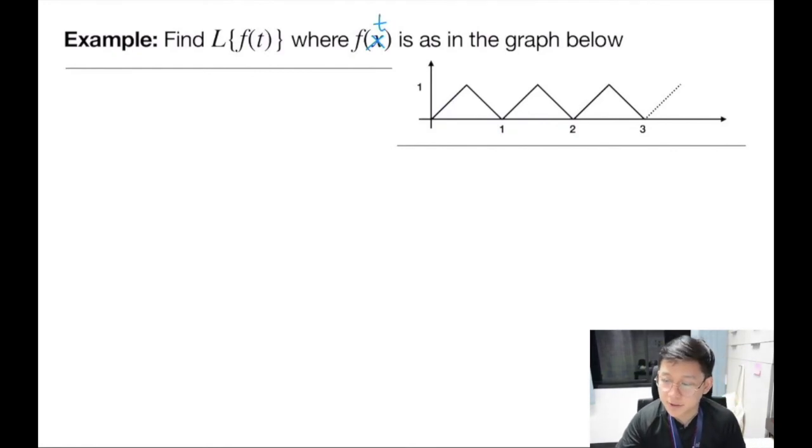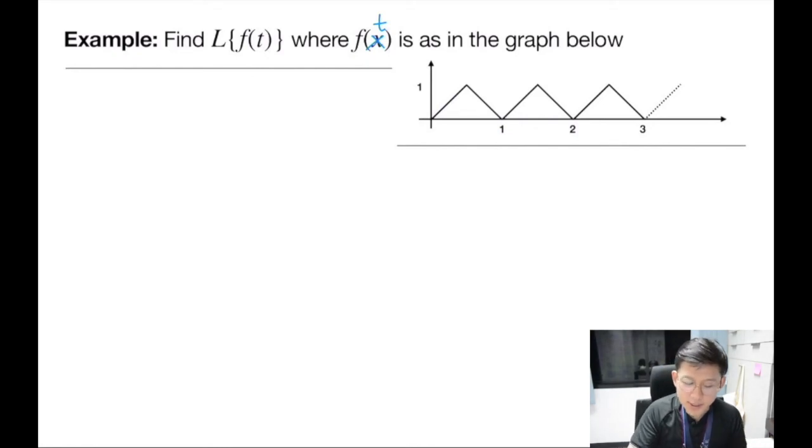It's f(t), where f(t) is defined below. So it gives you the graph. It didn't give you the function explicitly, so right now you need to somehow write down the function.